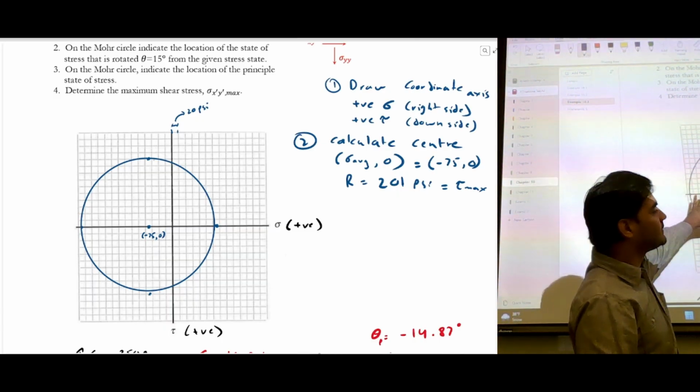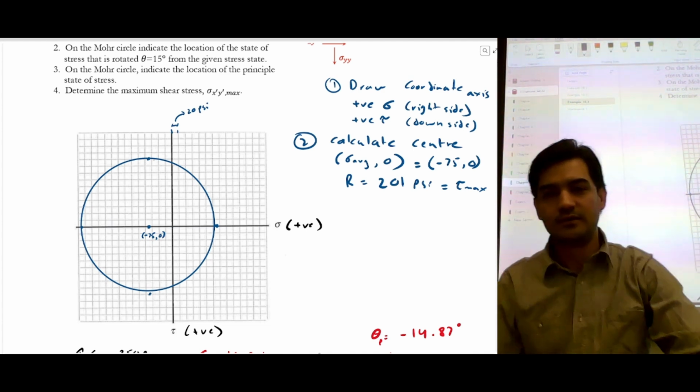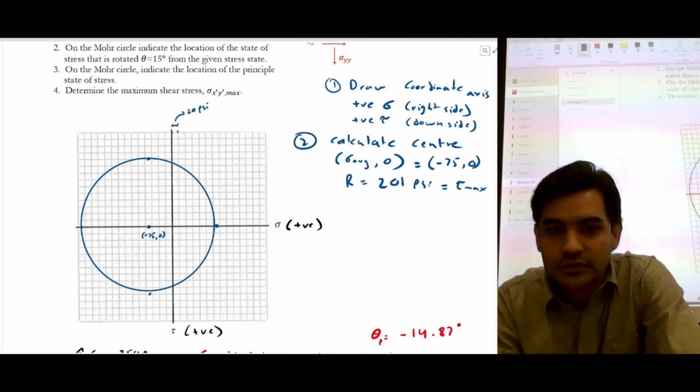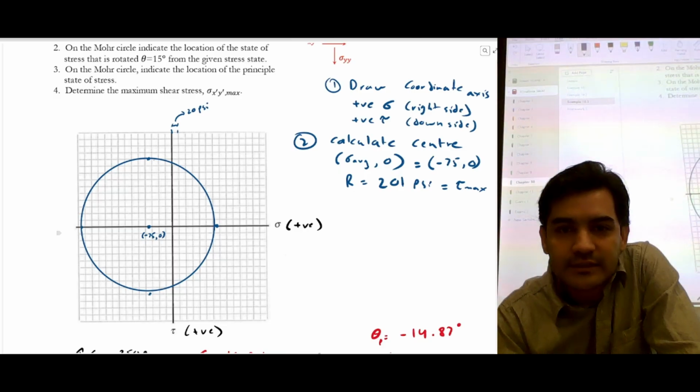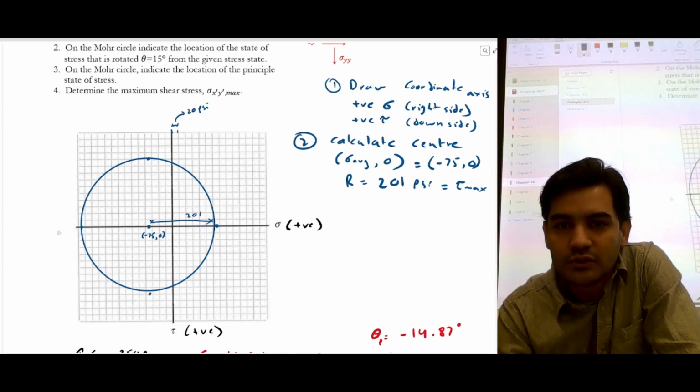So once we have the Mohr circle, then we can calculate anything we want to calculate, or we can just figure out. So this distance is the radius, right? And this distance is basically 201 psi.